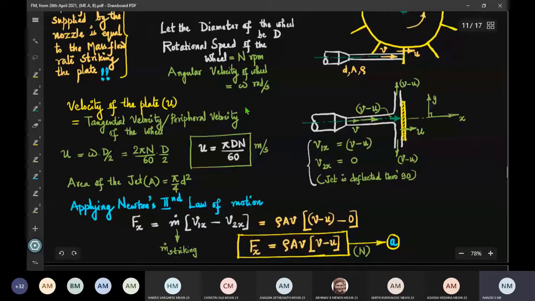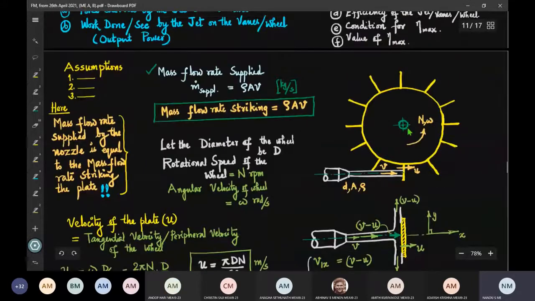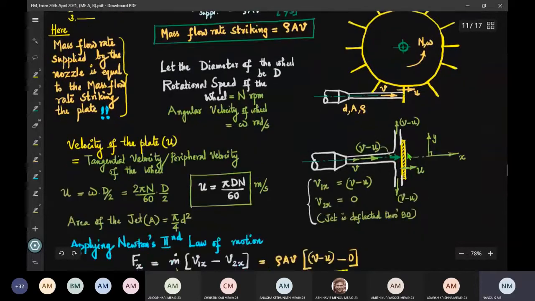You know it. And what about the tangential velocity? How is it related to the wheel diameter? If the wheel radius is capital R, wheel diameter D, then omega into R, or omega into D by 2, will be the tangential velocity of the wheel.